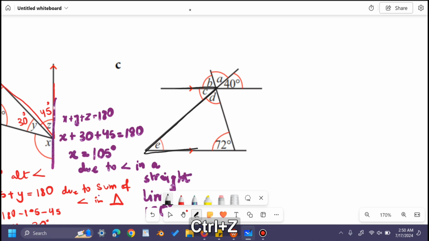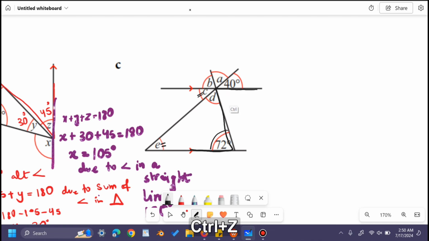We can say that. So we mark it to identify that C and E are equal to each other. After that, if we make an opposite Z angle like this, this is also a Z angle. That means if this is 72 degrees, this is also going to be 72 degrees.